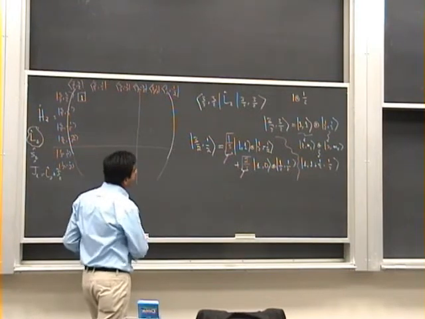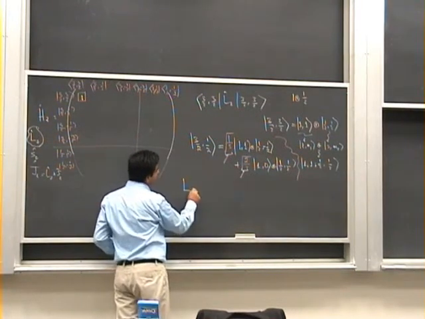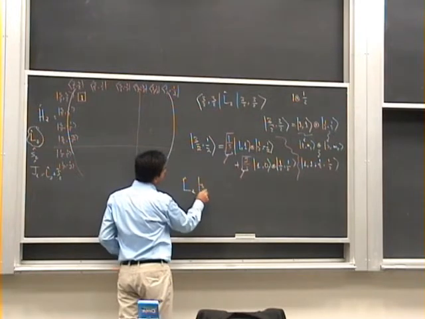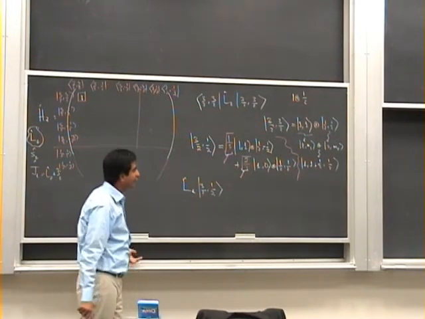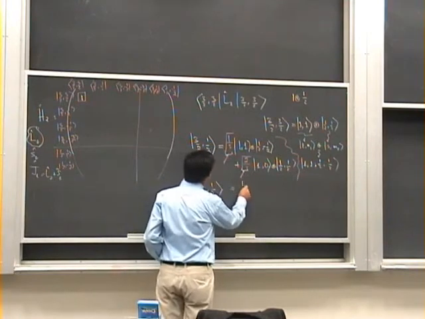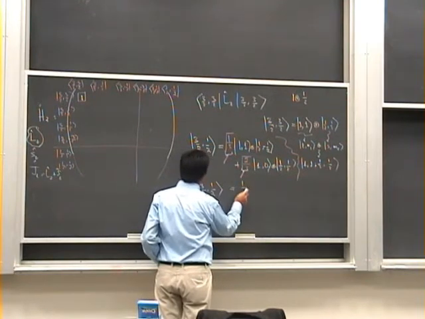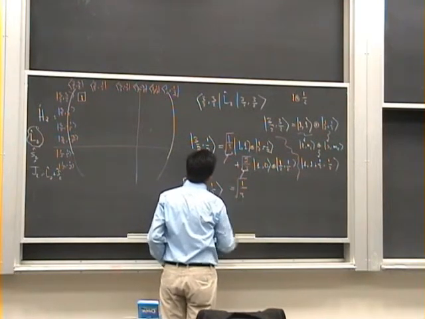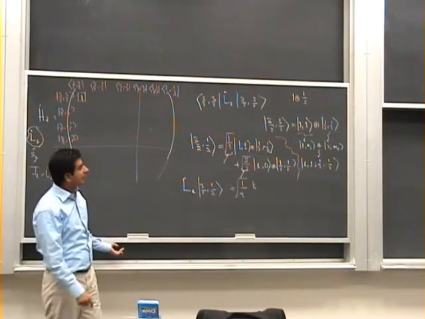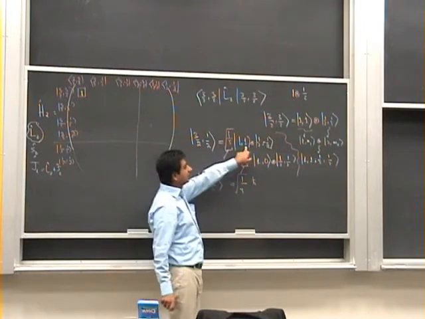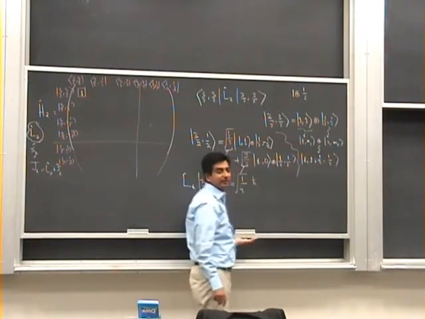If I apply the LZ operator on this state, 3 by 2, 1 half, then I have 1 over 3. Of course, there is always an H bar factor. Now LZ acts only on this, and its value of Mn is 1.